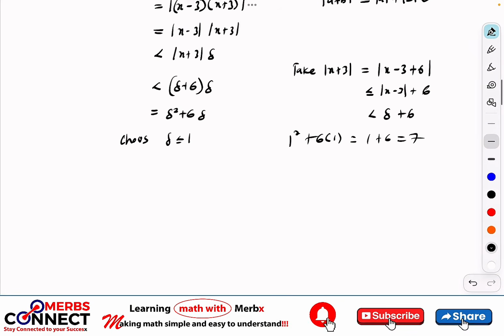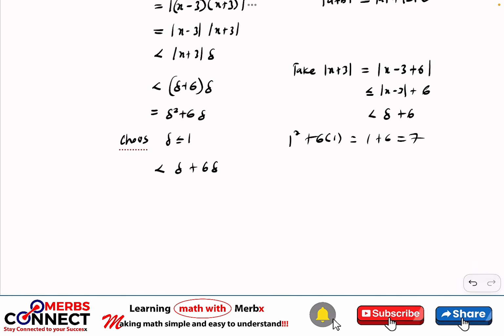Right. So when I choose delta to be this, then I'm going to have this one greater than delta plus 6 delta. Delta squared here is basically the same as delta because it's 1, since 1 squared is just 1. So now this becomes 7 delta.